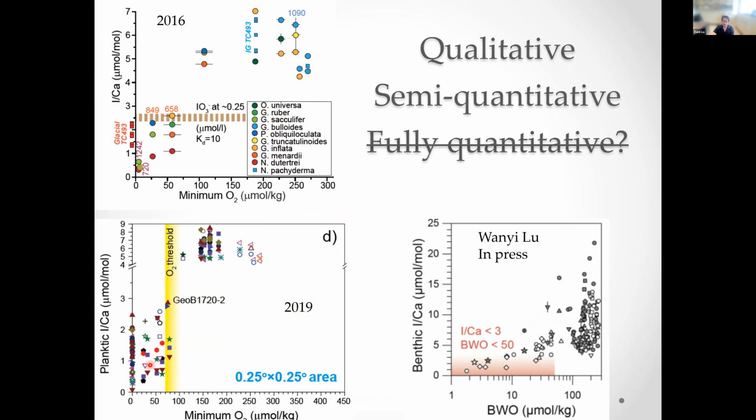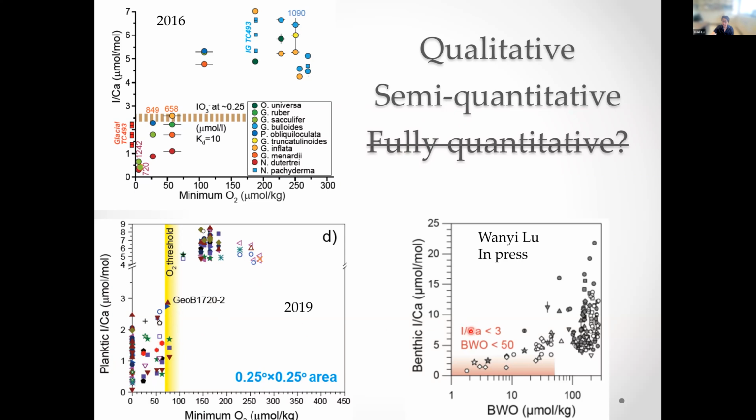You still see a lot of scatter in the high O2 range, and then as soon as you cross a certain O2 threshold, at least in the planktonic foram, you see also a lot of scatter. So to me, this is best used as a semi-quantitative proxy in foram at least.